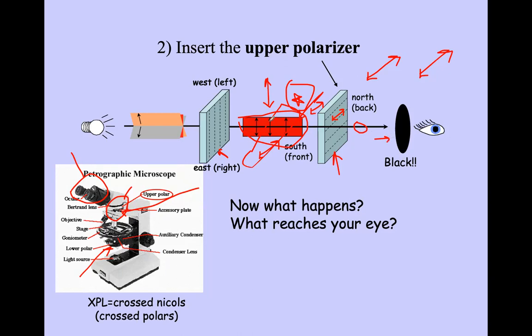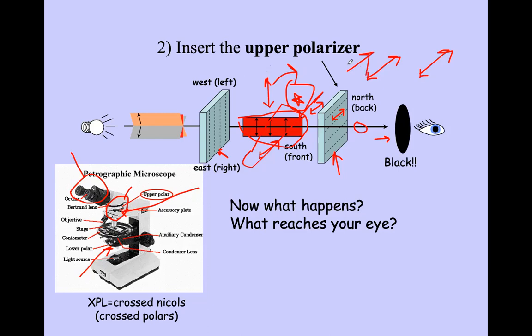In any case, if the mineral, when you put the sample on the stage, can change the vibration direction of this east-west vibration direction, so that it will turn into some other vibration direction parallel to this direction.